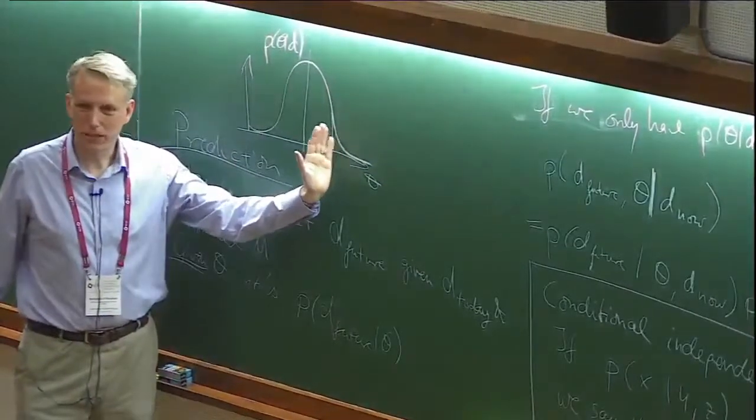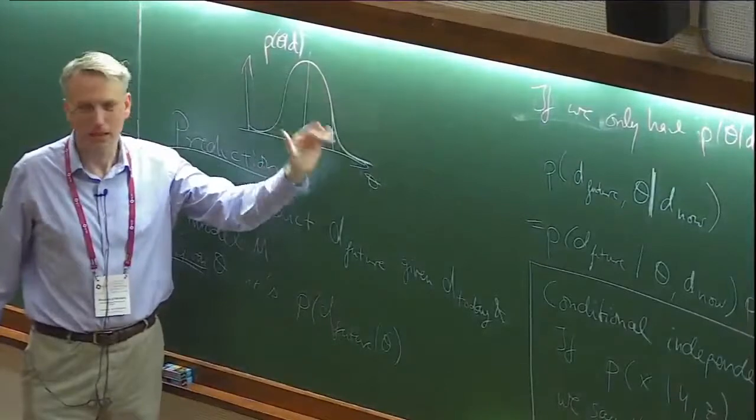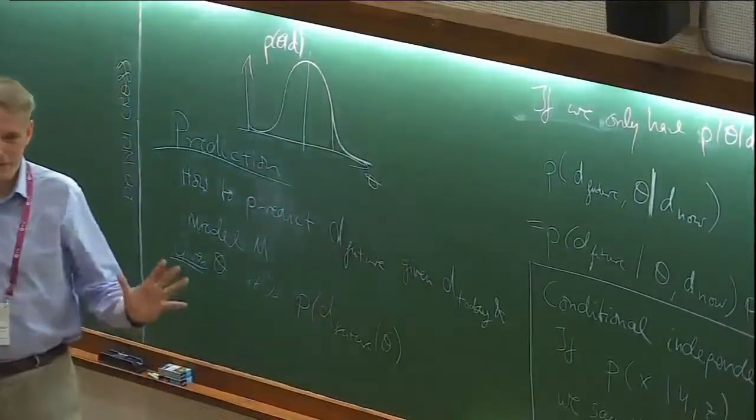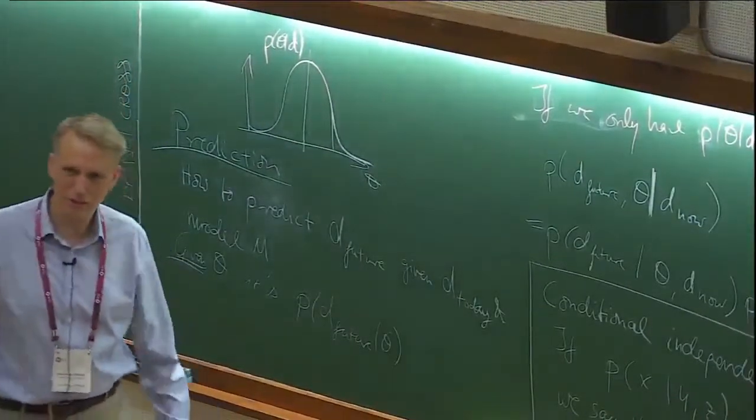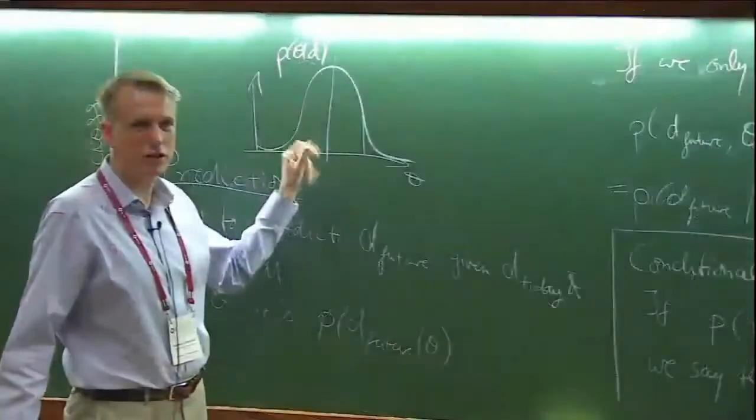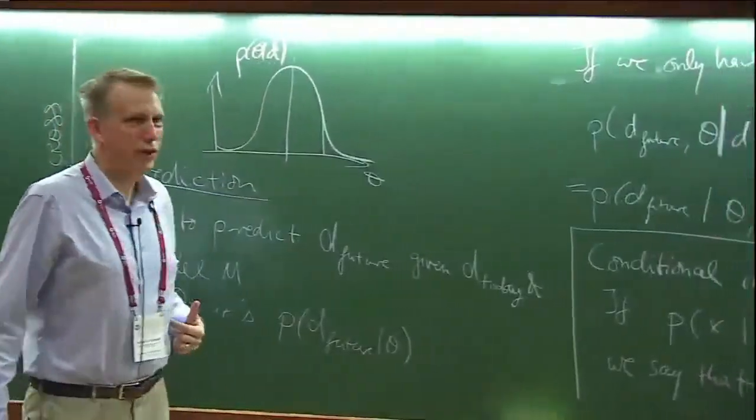So it's the posterior mean, not where it peaks, because that minimizes the expected squared deviation.